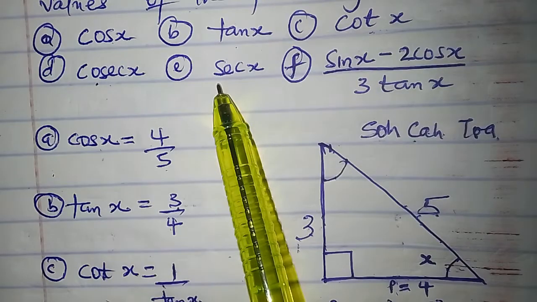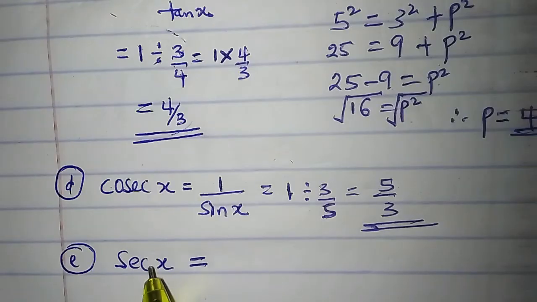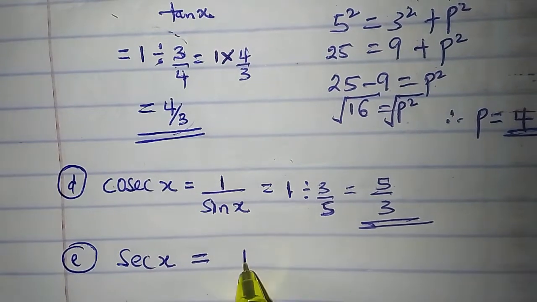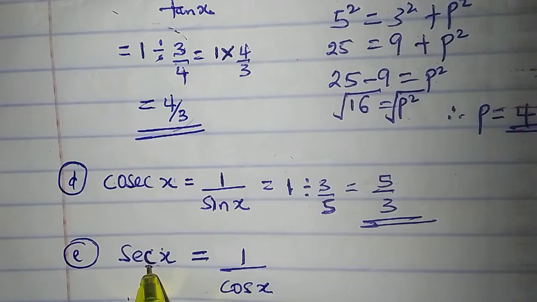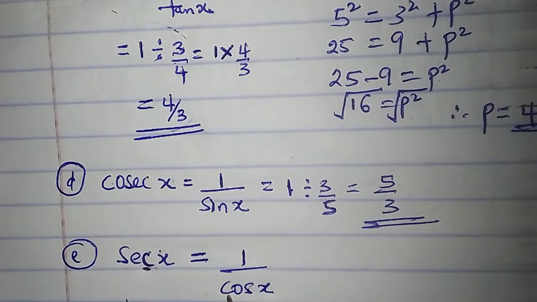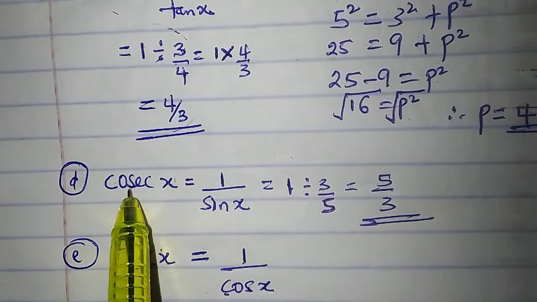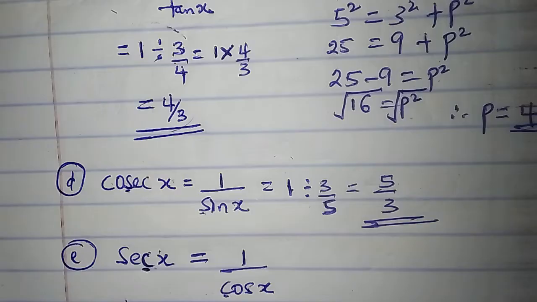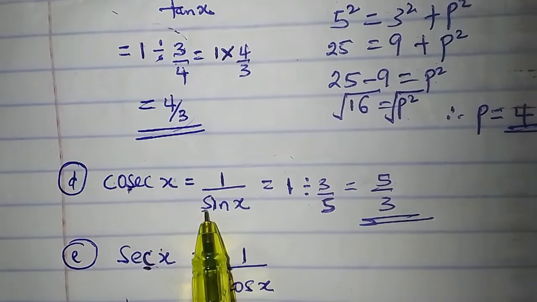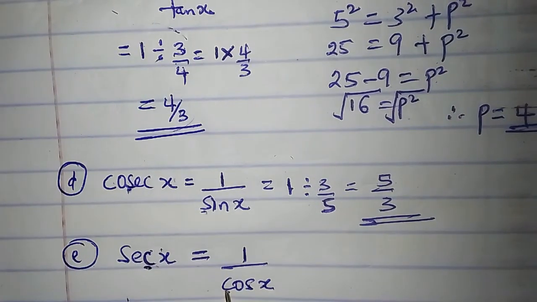What about sec x? Sec x is 1 all over cos x. Let me show you a very simple way to know it. The C in sec represents cos. The S in cosec represents sine. So I think you can use that to remember: cosec is to sine, sec is to cos.